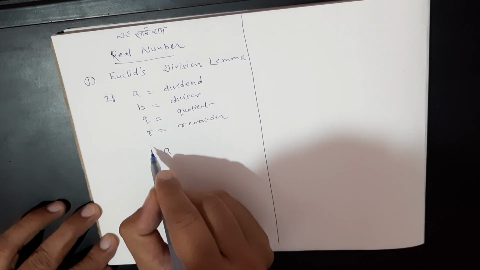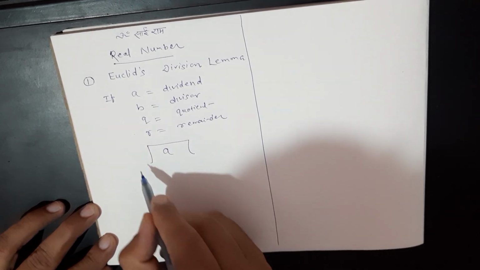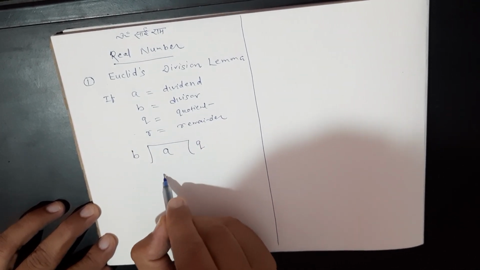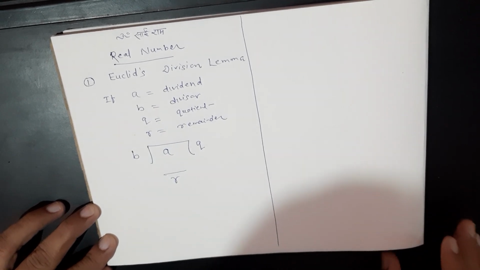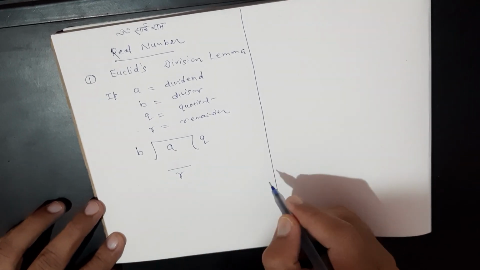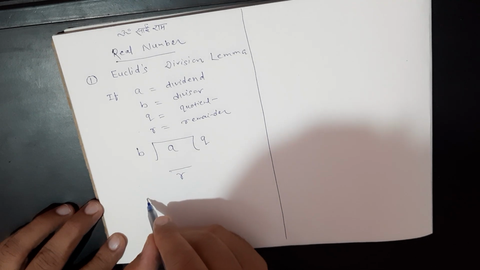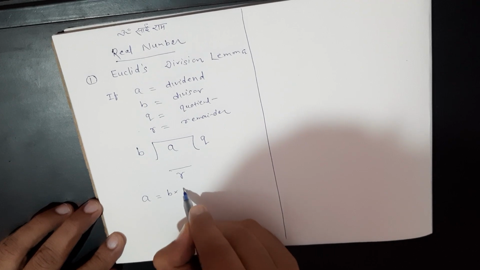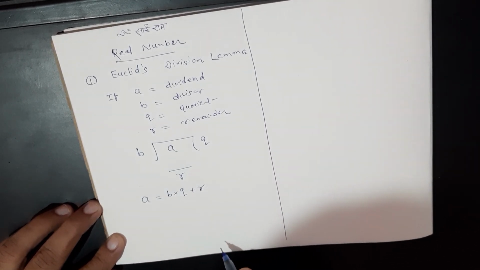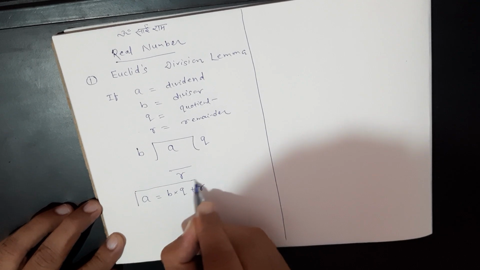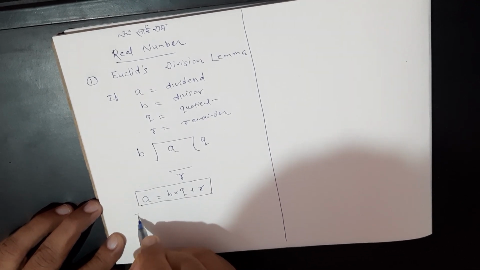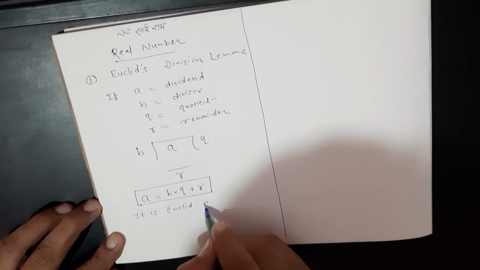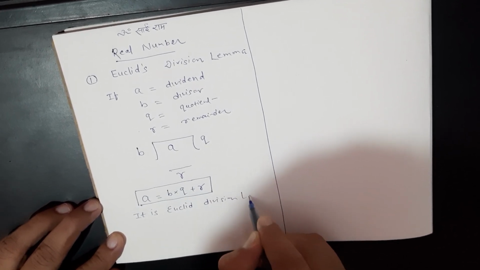See the situation. A divided by B, quotient is Q, and on dividing we are having remainder R. As you know by division algorithm, dividend equals divisor into quotient plus remainder. This is none else, it is only Euclid division lemma.